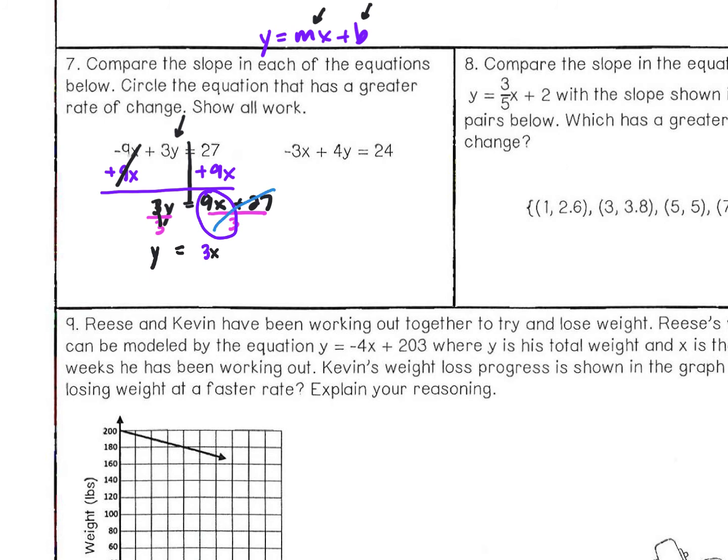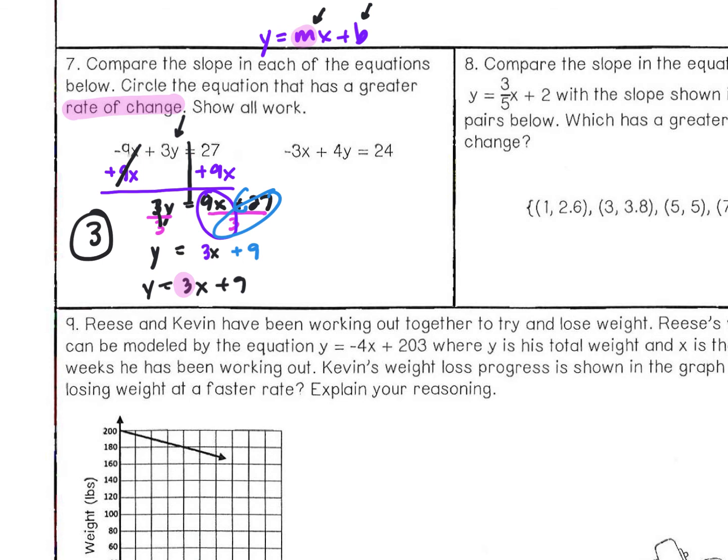And then 27, a positive 27, divided by 3 is 9. So our equation should be y equals 3x plus 9, and they ask us to find the rate of change. So right here, this m, this coefficient, is the rate of change. So the rate of change for this particular equation is 3.